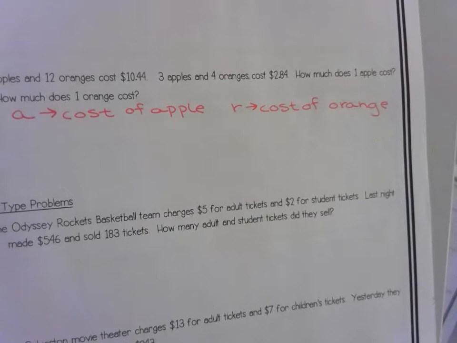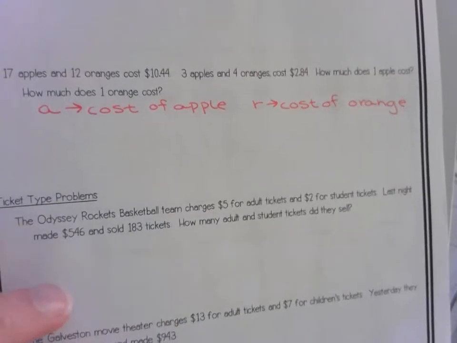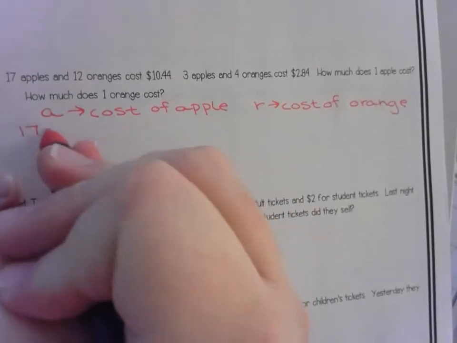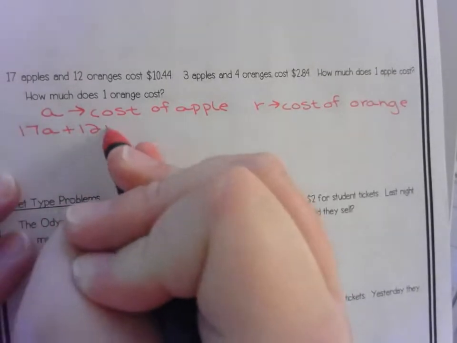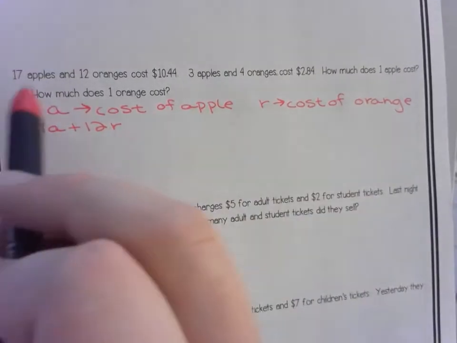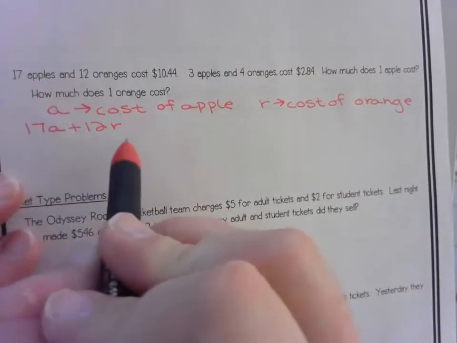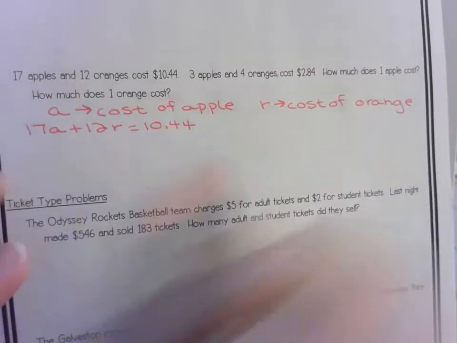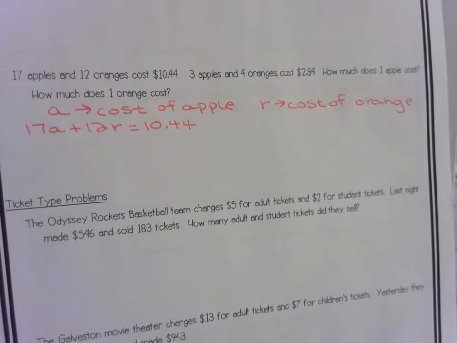Now let's set up my equations. What will one equation look like? 17 apples and 12 oranges cost $10.44. 17A plus 12R equals 10.44.